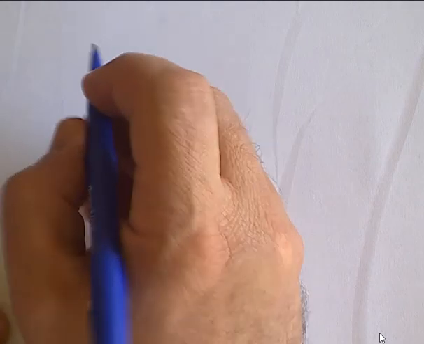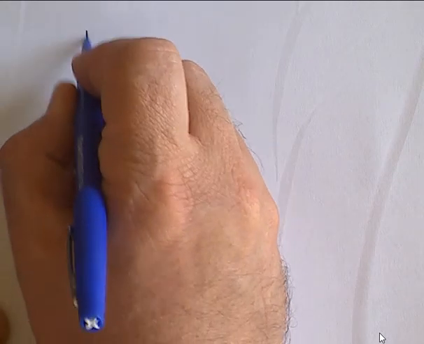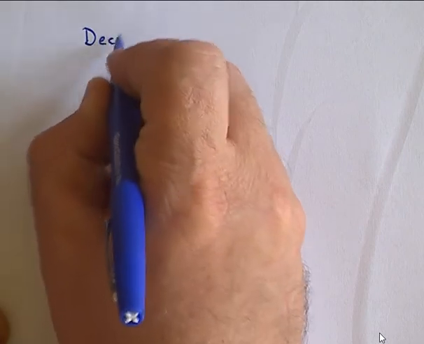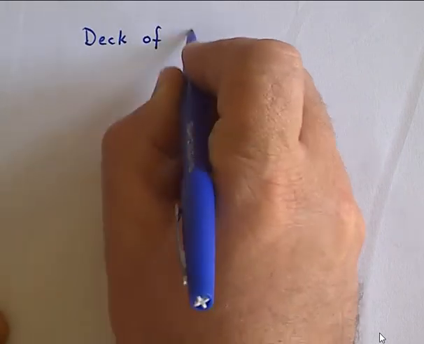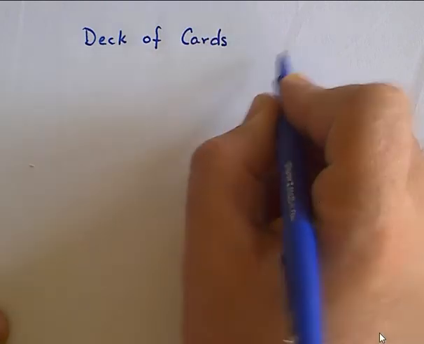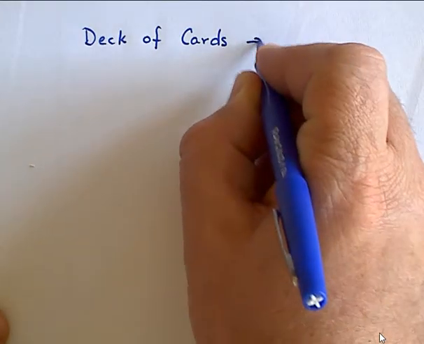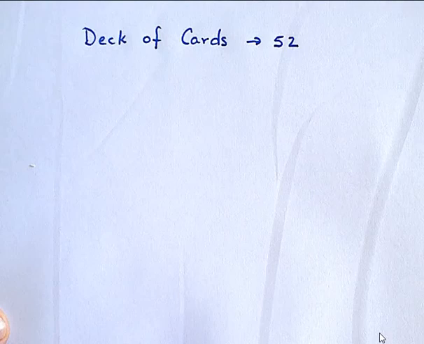Okay, so let's look at an example of when you have independent events. I guess I'll use a deck of cards again. Without jokers, I know that there are 52 cards in a deck of cards.